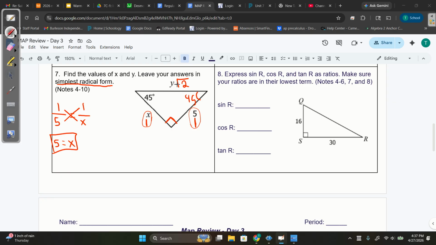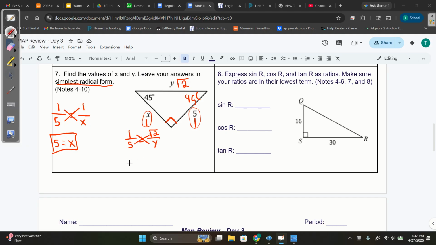For y, we're going to do the same thing. We're going to start out with this fraction here, old over new, equals the old value, square root 2, over the new value, y. Cross multiply and solve it out.